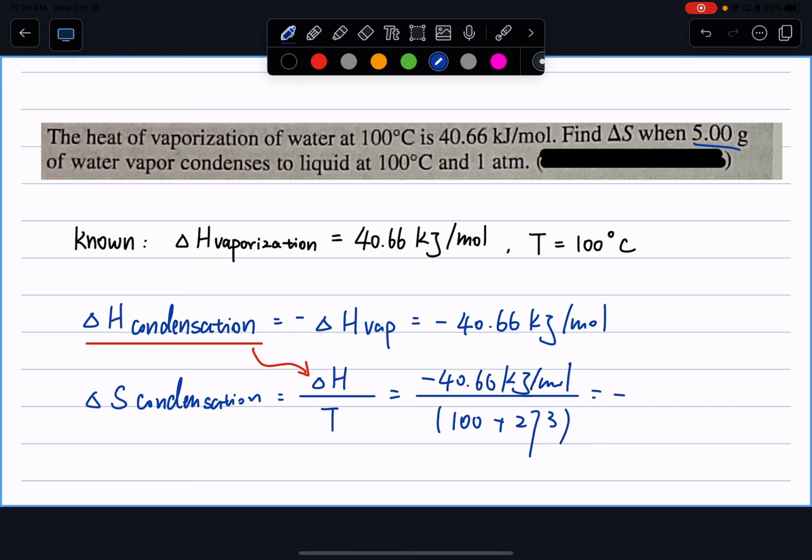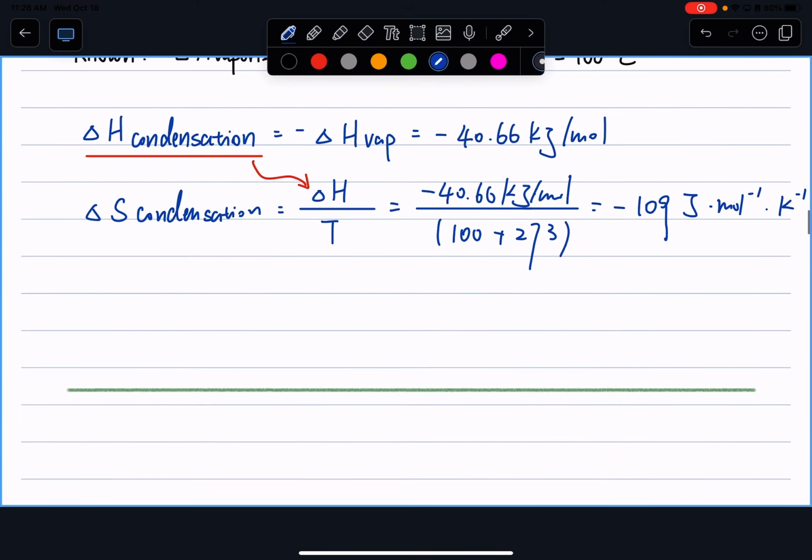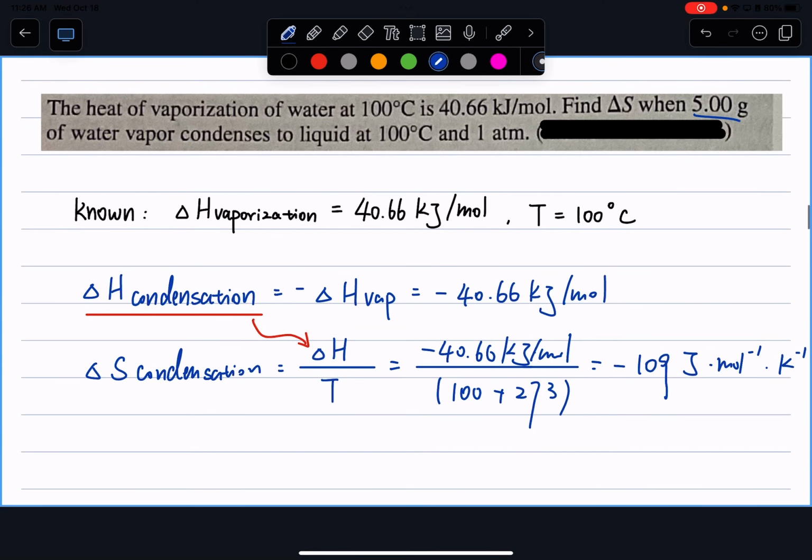That gives you negative 109 joules per mole per Kelvin. So that's for 1 mole of water condensation. That's the entropy change. And naturally, you can do the calculation for 5 grams of water, just convert that 1 mole into 5 grams of water. I trust you can do that, so I don't have to go through it with you.